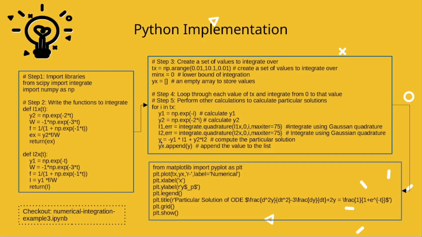And then I'm going to calculate my y sub p, which is minus y1 times I1 plus y2 times I2, which is the particular solution. And once I get the particular solution for a given value of x, I'm going to append that into my list so that I have values of the particular solution at many different points in the range.